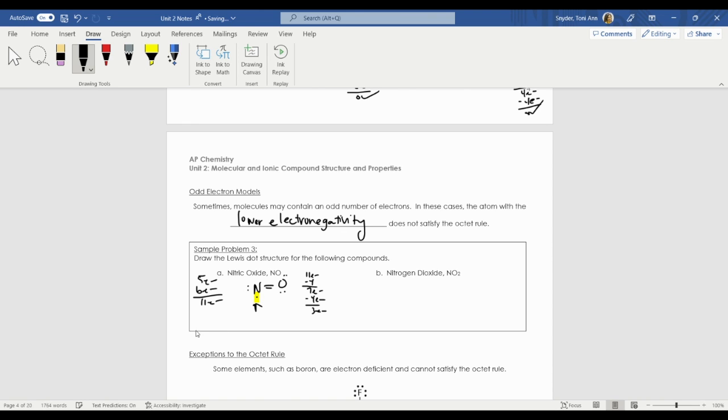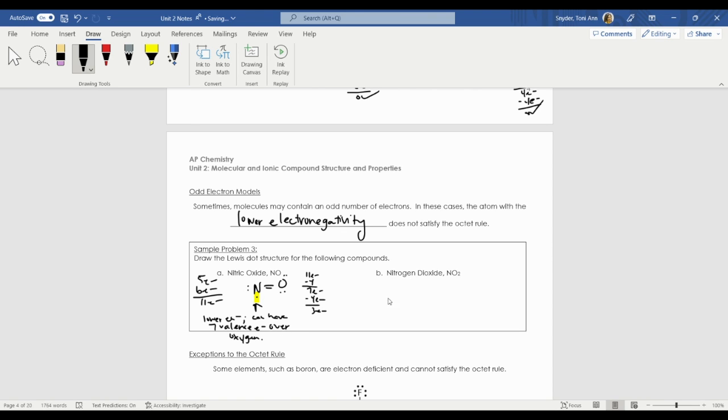So in this case, nitrogen has the lower electronegativity, which means that it can have 7 valence electrons over oxygen. So because oxygen is more electronegative, it makes sure it has all of its electrons before nitrogen does. Same thing goes for here.